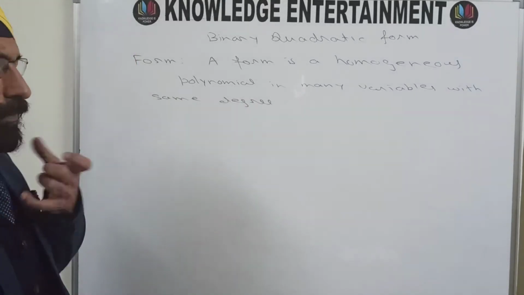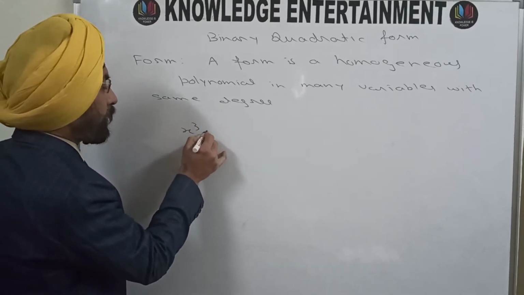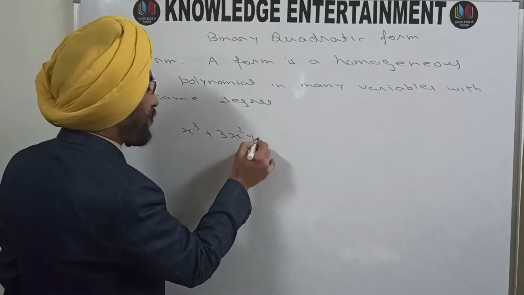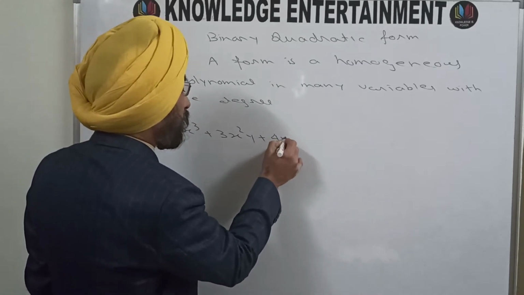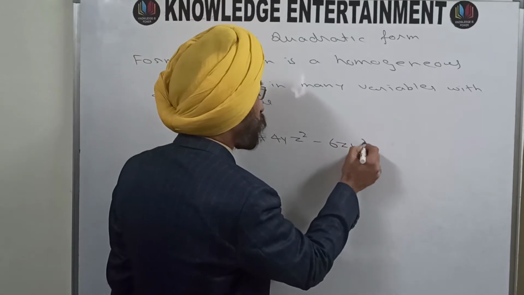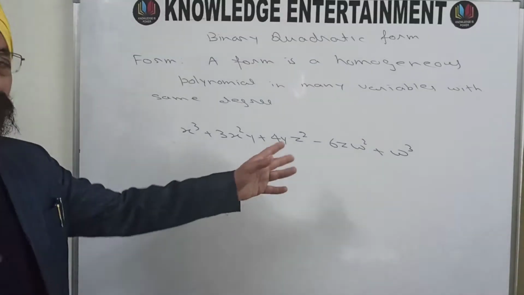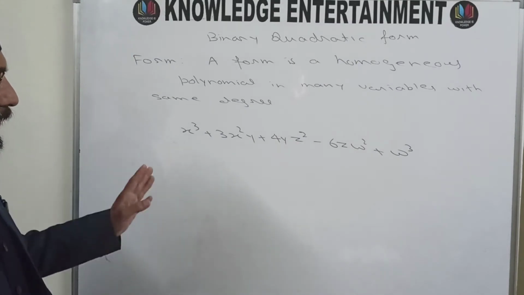So for example, suppose I am writing x cube plus 3x square y plus 4yz square minus 6z w square plus w cube, then it is a form because it is in many variables.